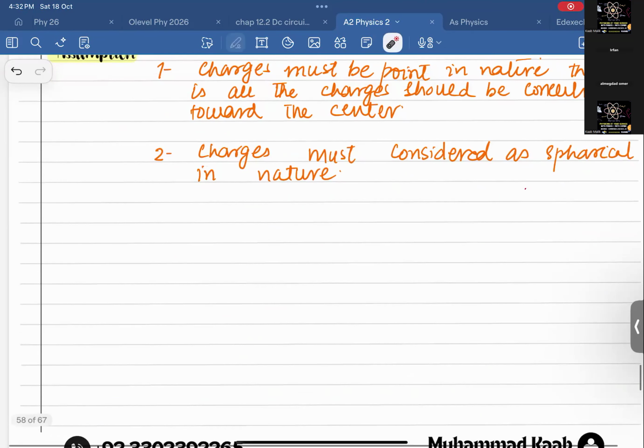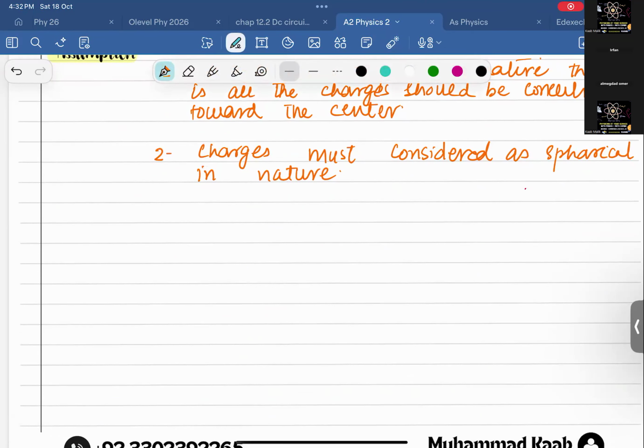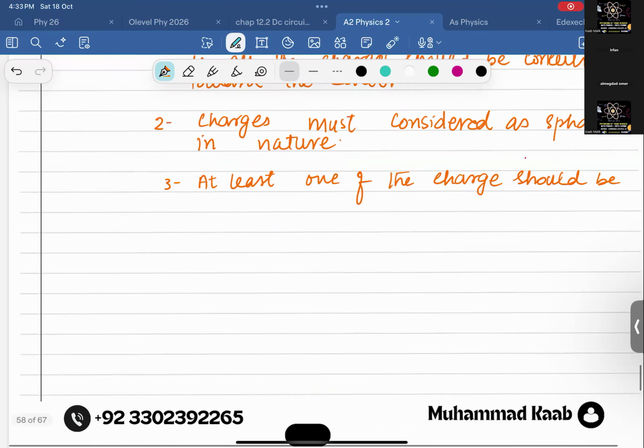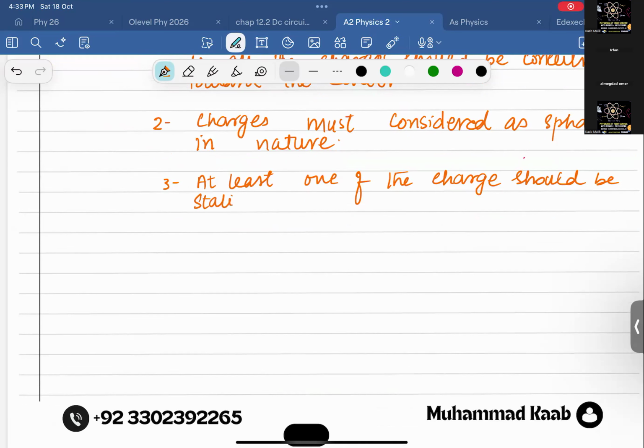Now the third is that at least one of the charges should be stationary, right?